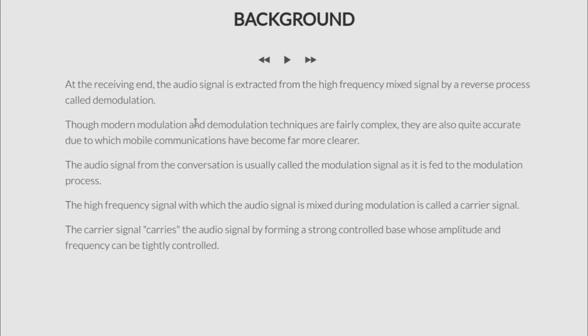Now it's important to understand that modulation and demodulation techniques, especially in these modern times, are fairly complex, right? But they are also very accurate. And that is one of the reasons why mobile communications have become so much clearer. If you go back around 20 years to when mobile phones first began to appear, mobile communications was actually quite glitchy.